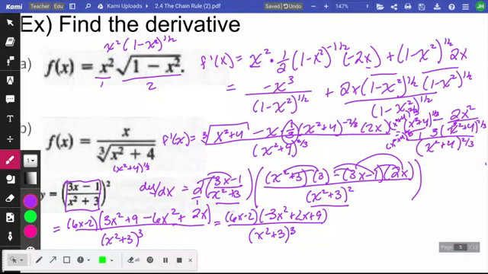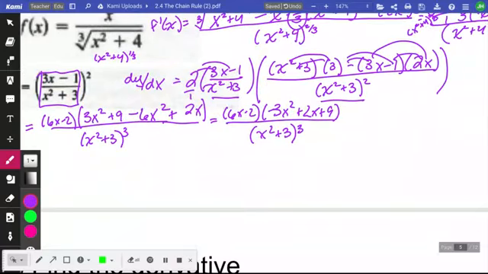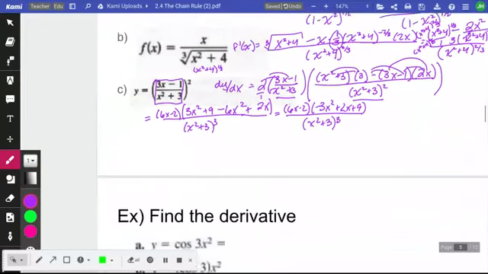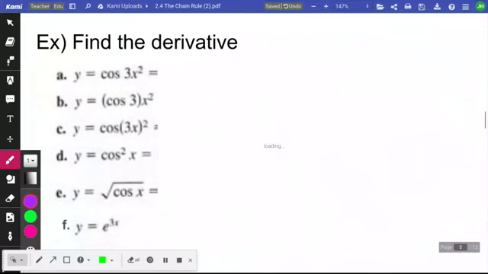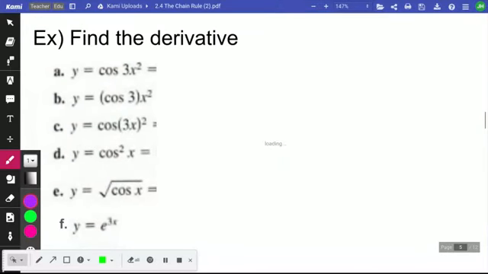The only thing you could do is if you wanted to distribute that 6x minus 2 through, it could be useful. Most of the time when we're using these things, we'll use them factored. So it's already kind of factored part of the way. So it would be most helpful to actually leave it like this in the long run. Okay, find the derivative.